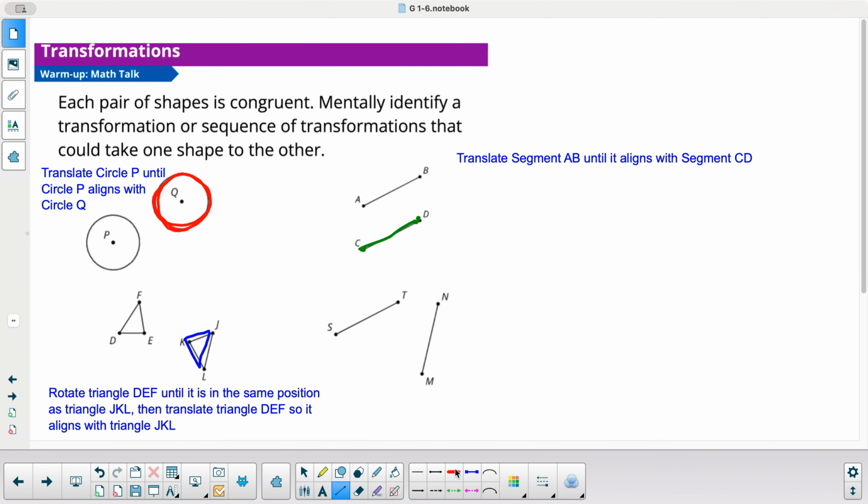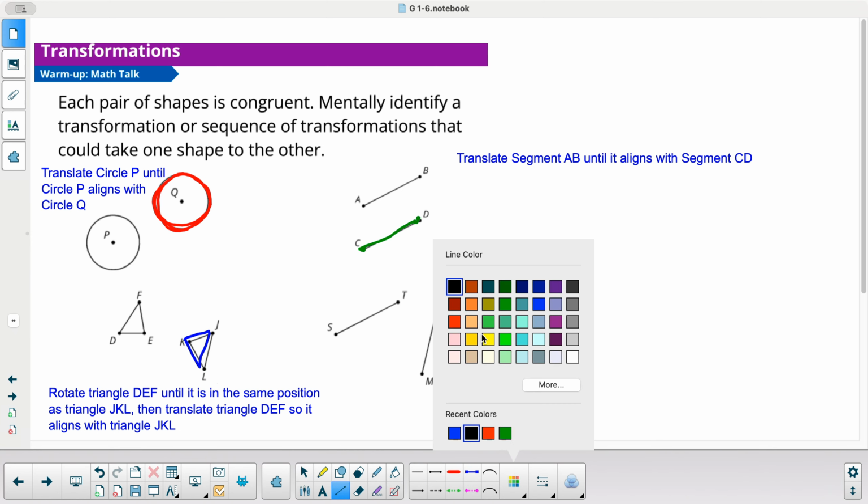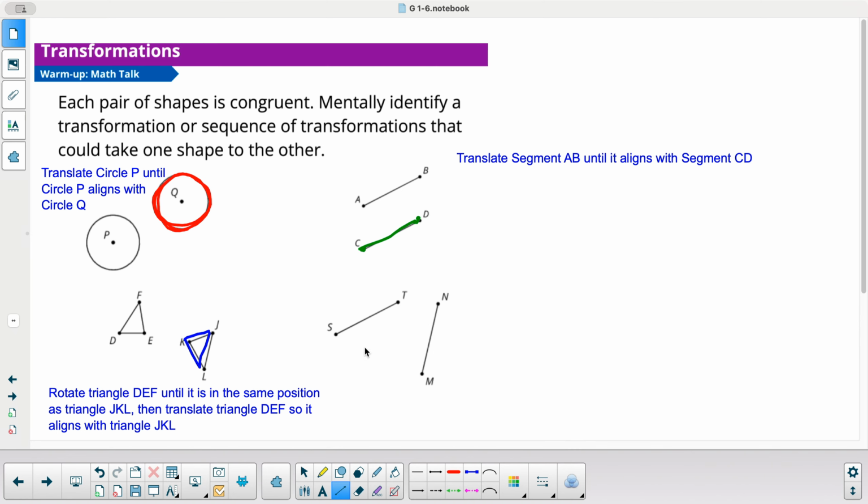All right, over here on this last one, if here's my ST, okay, we're going to maybe rotate it until it's parallel with NM and then translate it.